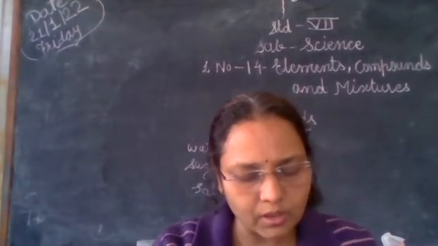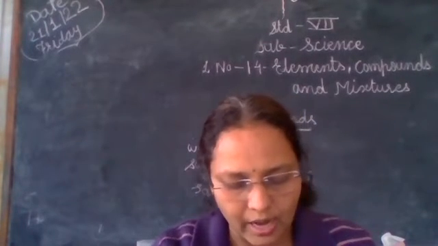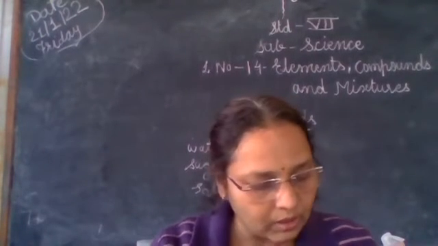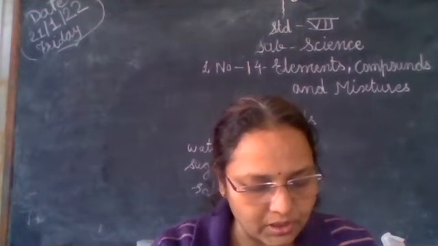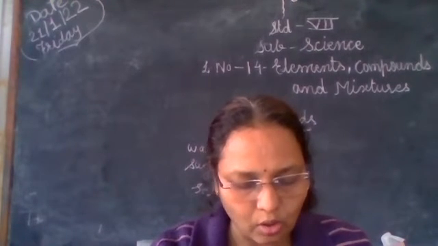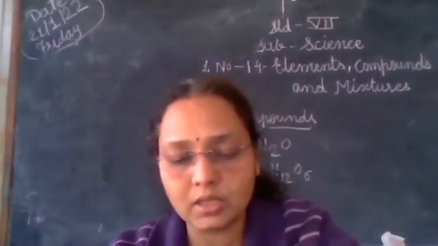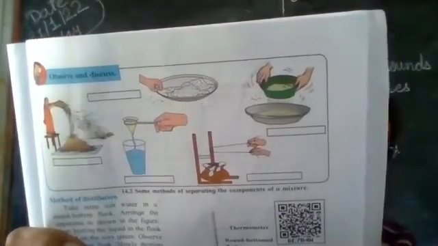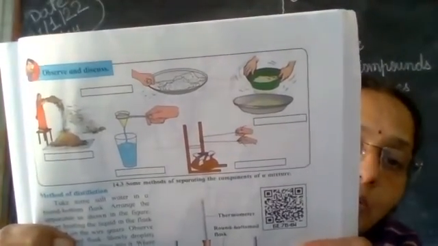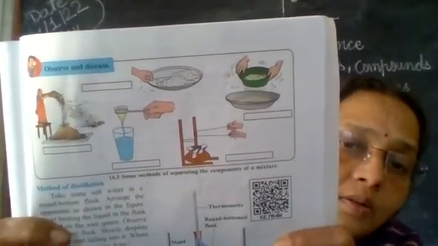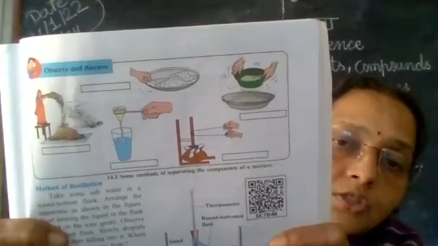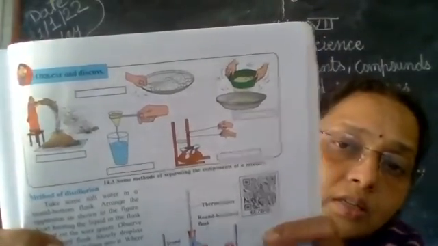We have learnt about the properties of matter and the effects of it. These properties are also used for separating the components of a mixture. Okay, see here some pictures are given. In the first case, winnowing, then the hand picking method, sieving method, churning method.